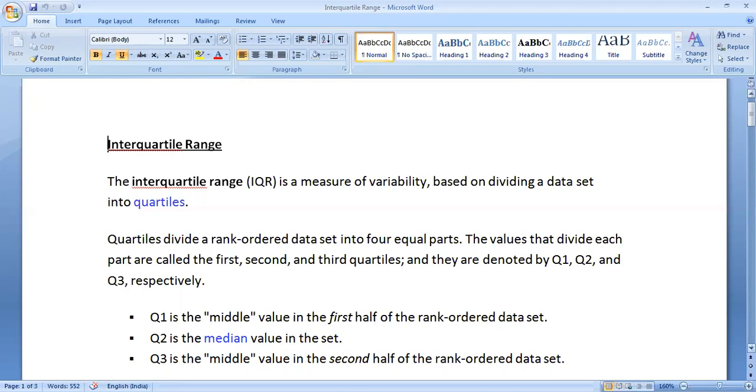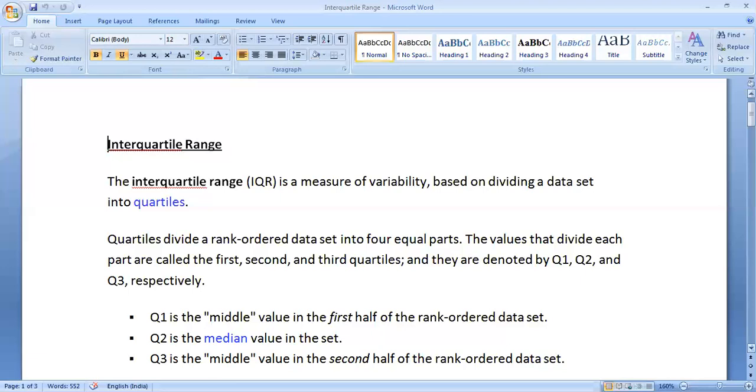of variable size data. Here Q1 is the first quartile, Q2 is the median value in the set, and Q3 is the third quartile. Before defining the range, we set all the elements into increasing order.